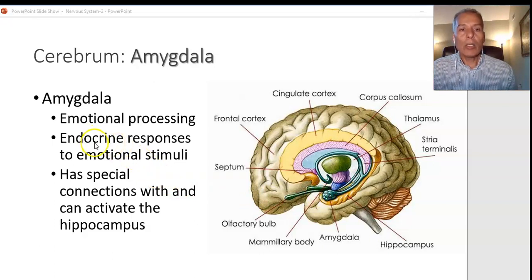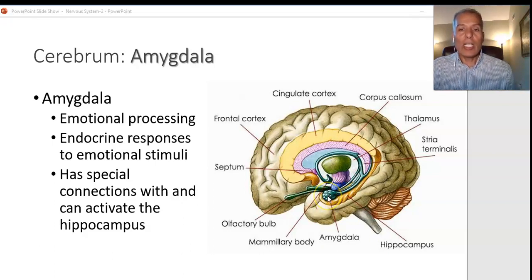It also responds to endocrine commands. For example, when you see a threat, immediately the information goes to the hippocampus, to the amygdala, and then you start to immediately evaluate something in terms of how dangerous it is and how friendly it is.